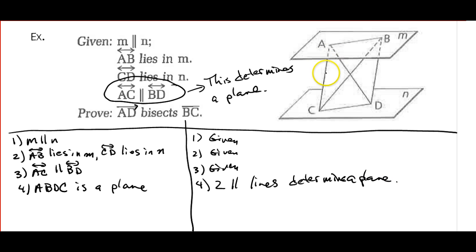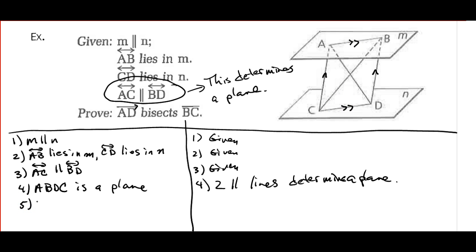Alright, so I've got that AC and BD are parallel, and we also have that this plane that we just named intersects 2 parallel planes, and we know that the intersection of a plane with 2 parallel planes, these have to be parallel as well.